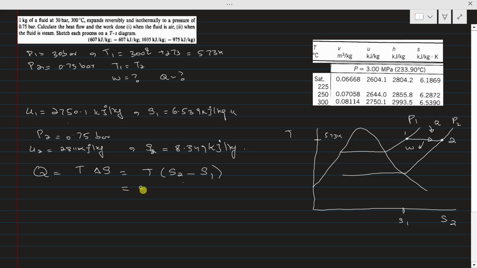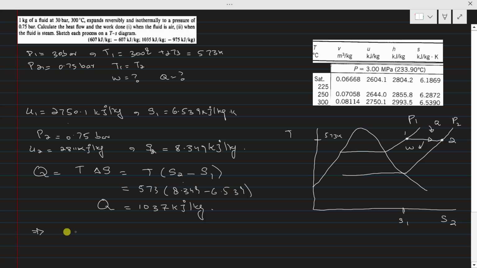So what is the temperature? 573. Entropy at state 2, 8.349, minus 6.539. The heat supplied to the system after simplification is 1037 kilojoule per kg.